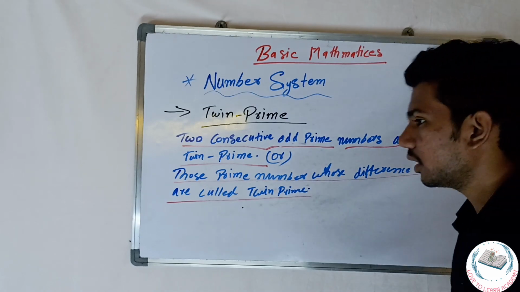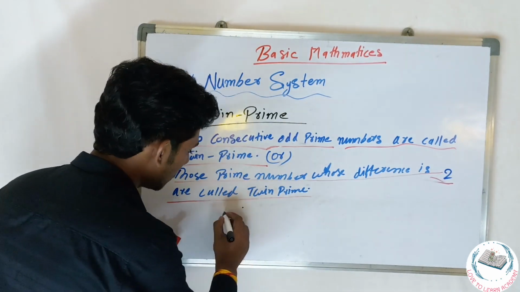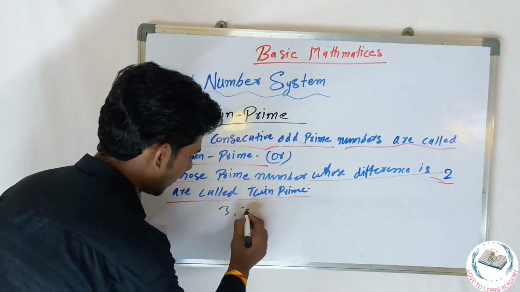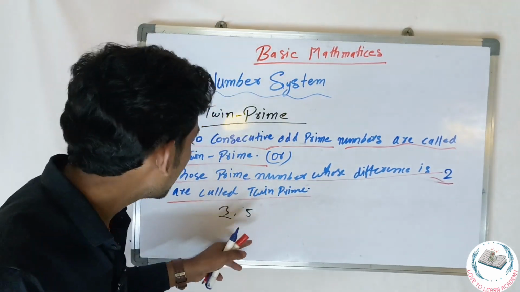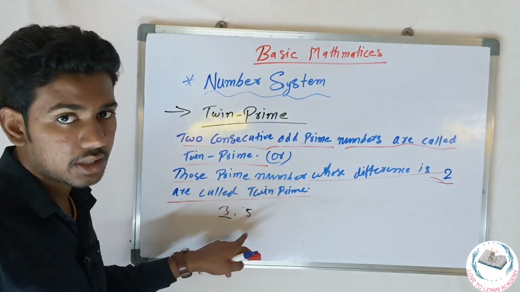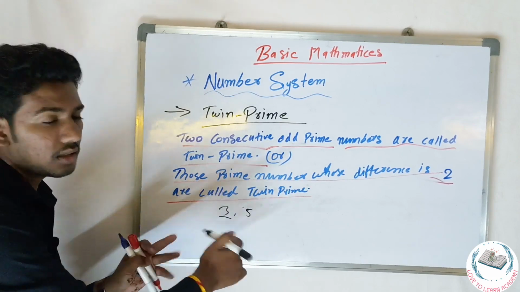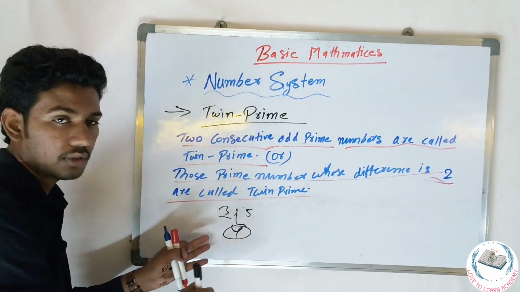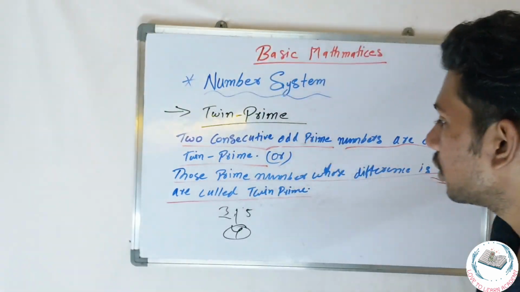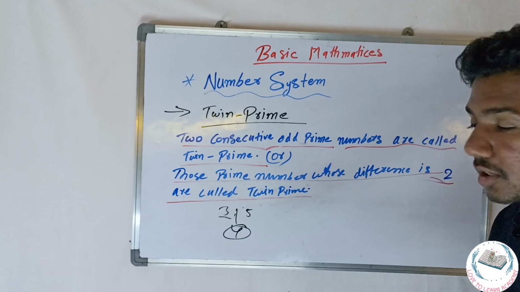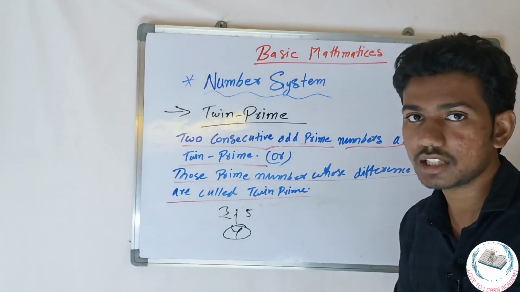If I take odd numbers like 3 and 5, then 3 is an odd number and also a prime number, and 5 is also an odd number and a prime number, and between them there is a difference of one number. Twin prime numbers means two prime numbers with a gap of one number between them.